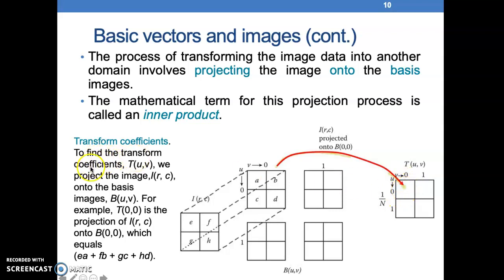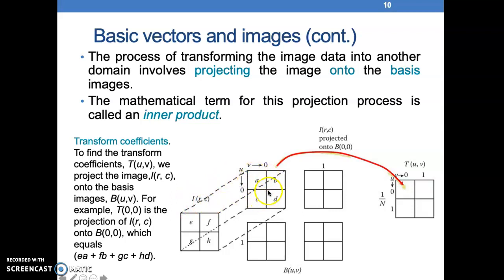So to find the transform coefficient T(u,v) in the frequency domain, we project the image I(r,c) on the basis images.